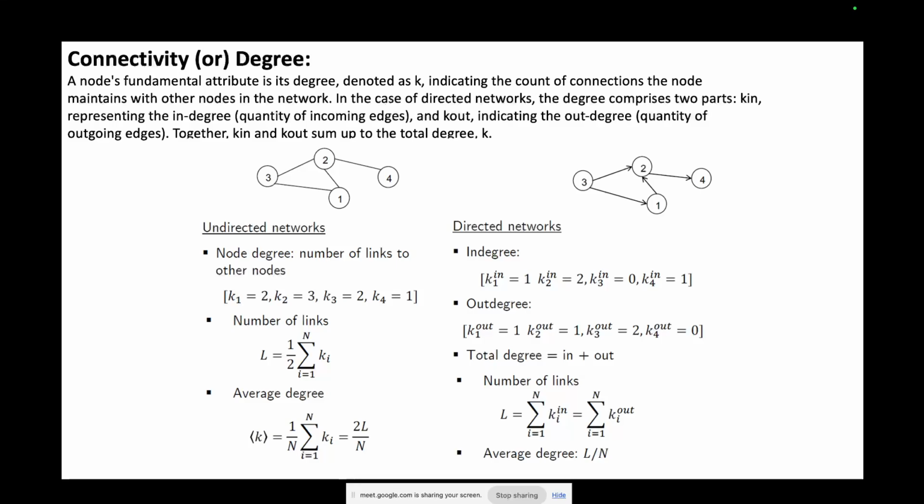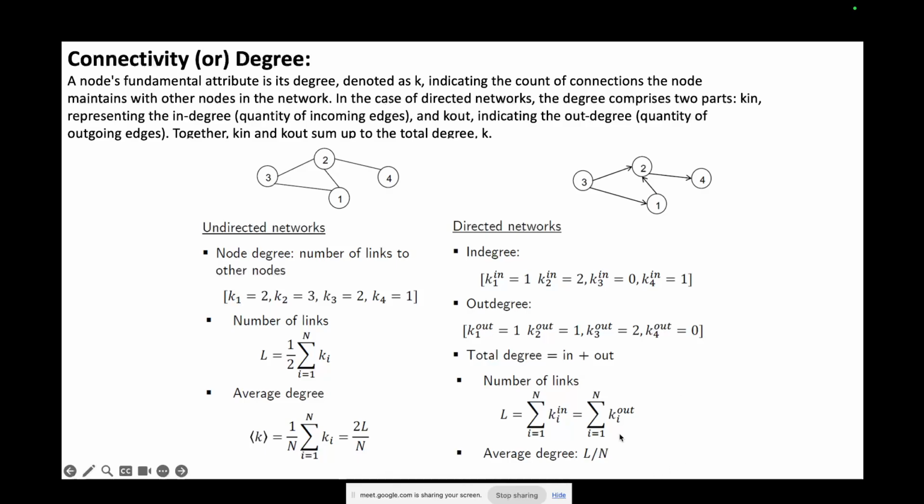The average degree is the sum from i to n of k_i, where n is the number of nodes and k_i is the individual degree of that node, divided by the total number of nodes. This gives the average degree of all the nodes in the network.